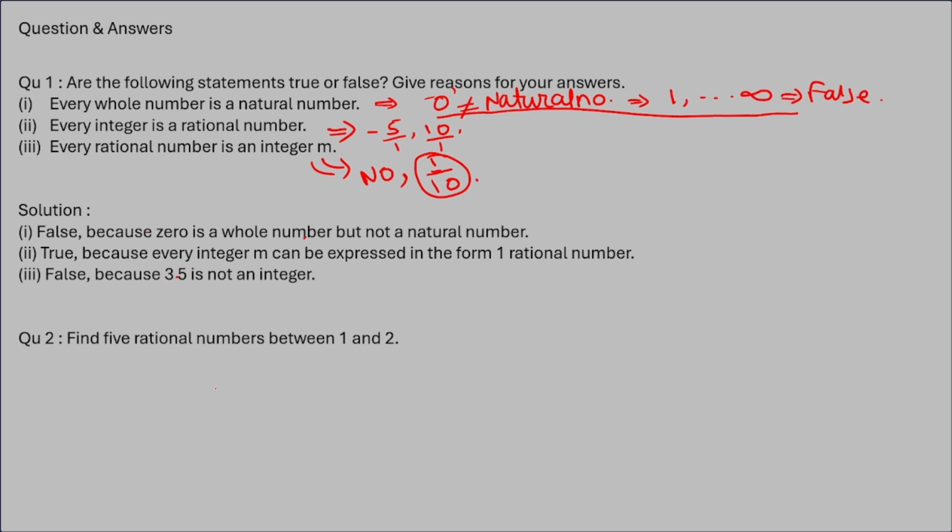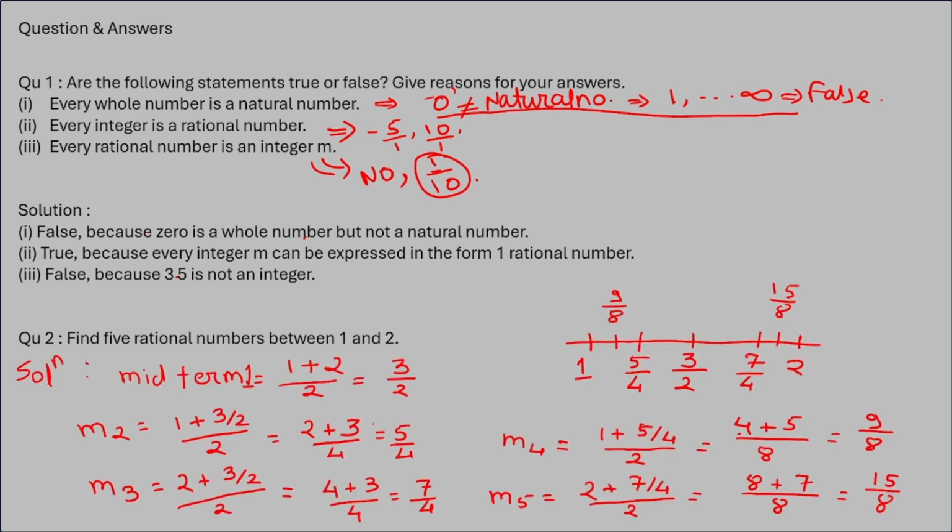Okay. The next question: find any 5 rational numbers between 1 and 2. Very easy question. You just need to have some background on the midpoint formula. I'll explain here. Consider 1 and 2 as two points on the number line. Now you need to find 5 rational numbers between them.